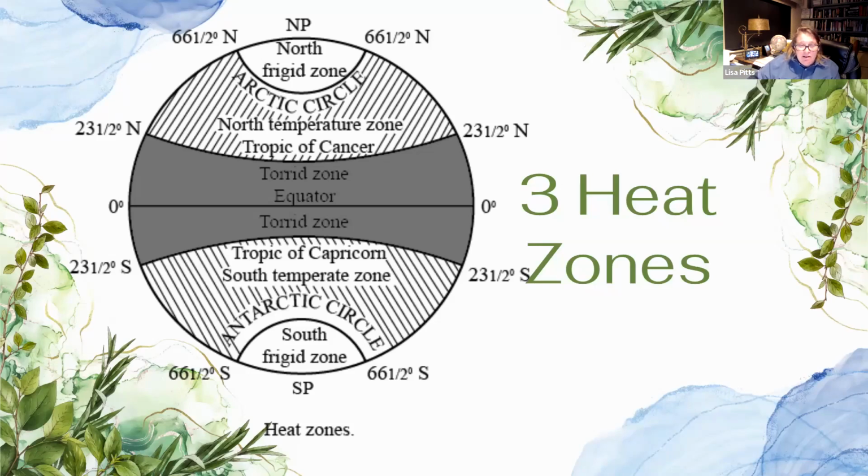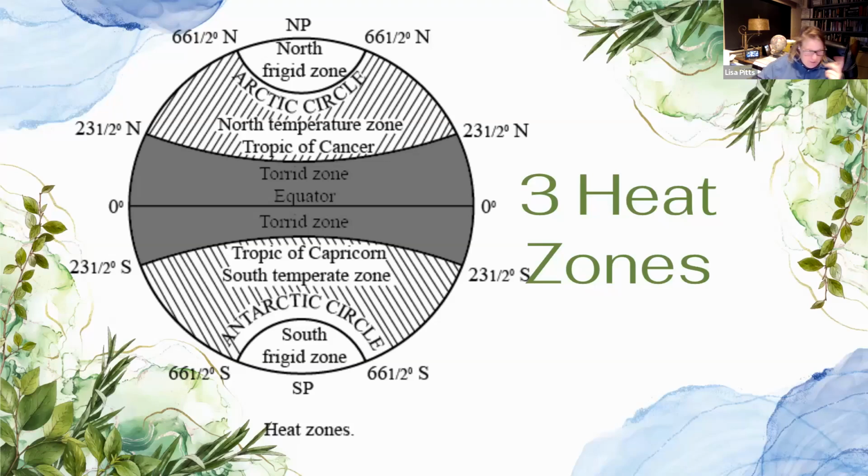All right. Then they said anything north of the Arctic Circle, it's frigid. It's just too cold, right? So from the Arctic Circle to the North Pole, it's too cold. We call that frigid. And then everything that's between the Tropic of Capricorn and the Tropic of Cancer, the Tropic of Cancer, which is in the Northern Hemisphere, the Tropic of Capricorn, which is the Southern Hemisphere, which you can remember because they're in alphabetical order, is considered torrid, which reminds me of the word horrid, and they called it that because it was too hot.